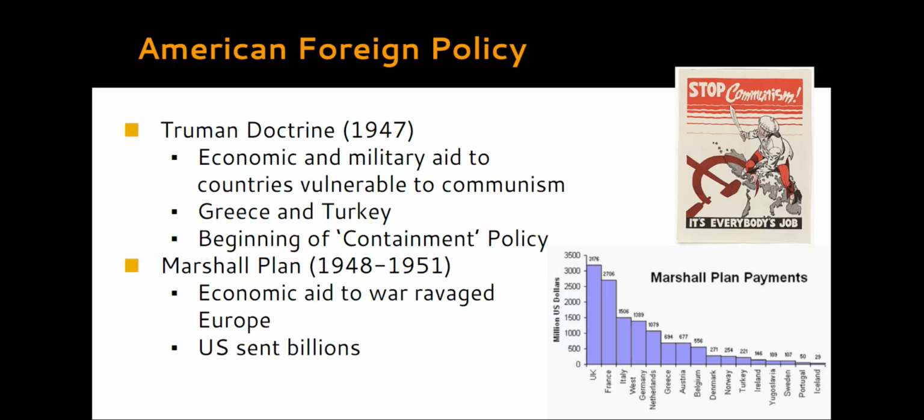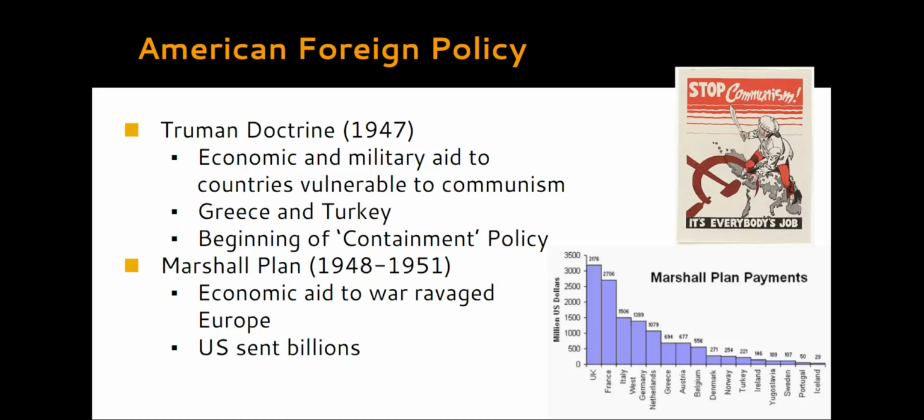The United States becoming a world superpower, we do have to know what their foreign policy is after World War II. So we've got President Truman in office, 1947. The war is over. He is going to send economic and military aid to countries vulnerable to communism.